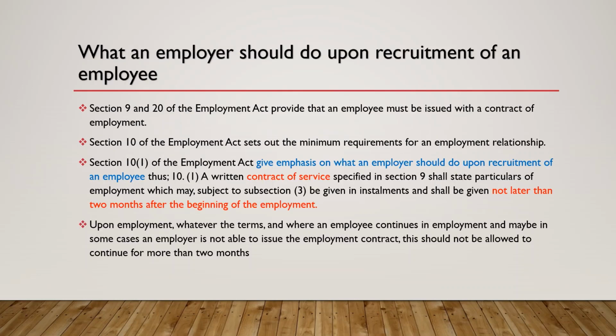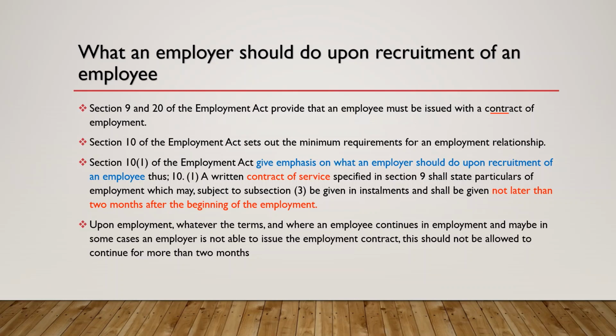As you can see, this slide discusses what an employer should do upon recruitment of an employee. Legally, according to Section 9, read with Section 20 of the Employment Act of Kenya, an employer must actually issue a contract of employment, meaning that the moment you've employed someone, you write a contract of employment.